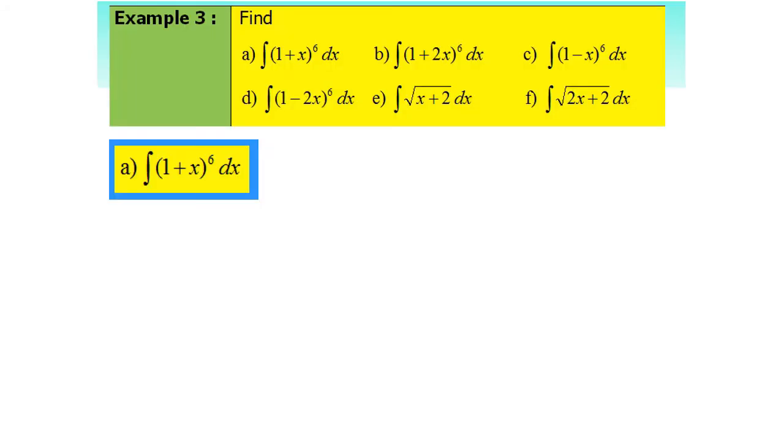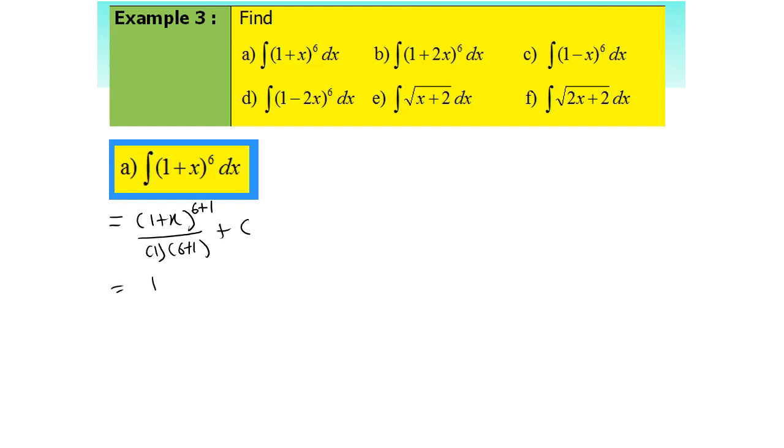Next, find, for part A here, (1 plus x) to the power of 6. When we integrate this one, it must be equal to (1 plus x) to the power of 6 plus 1 over 6 plus 1, and then the coefficient of x here is 1, plus c.